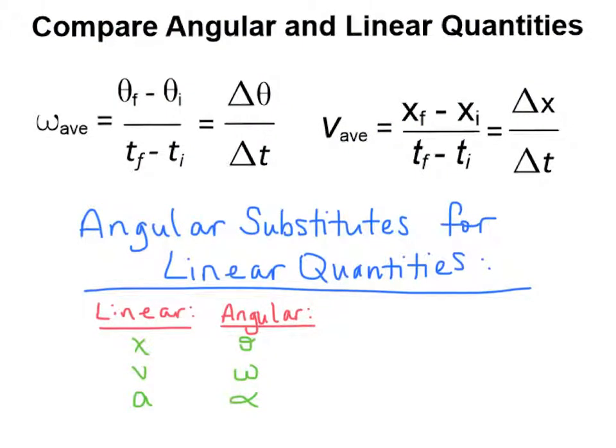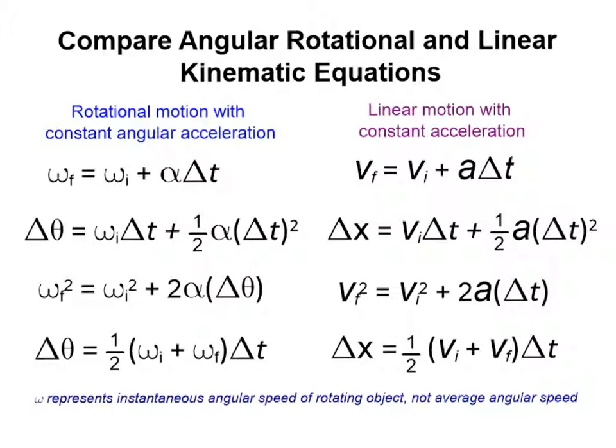So we have been comparing angular and linear quantities all along. Here is just a nice little table looking at the angular substitutes for those linear quantities. Here are the angular substitutes for these different linear quantities. And here is just a comparison of our kinematic equations for angular rotational motion and linear motion.